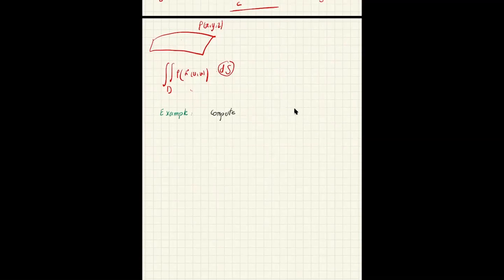Compute the integral over S of ds, where S is the sphere. Okay. So here you need a parametric representation of the sphere.